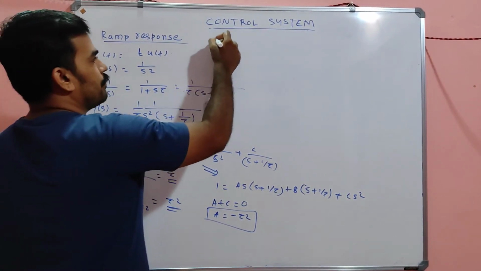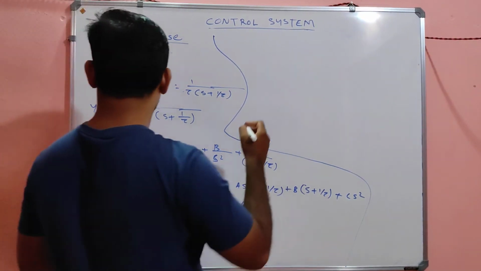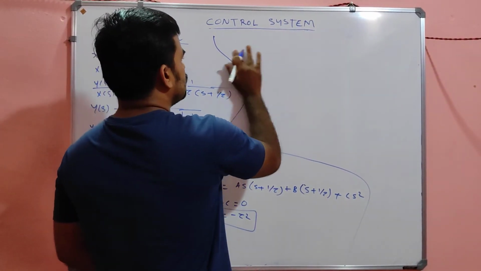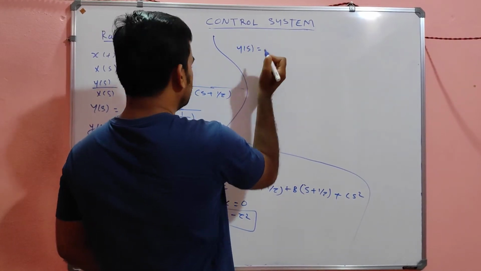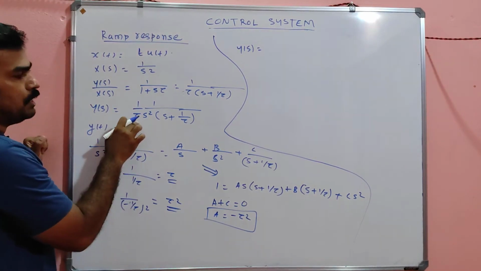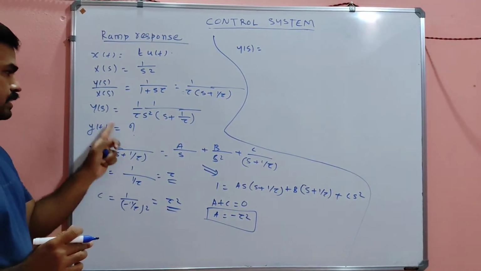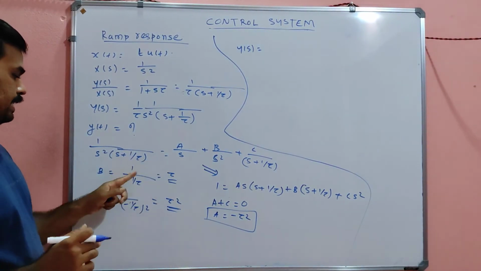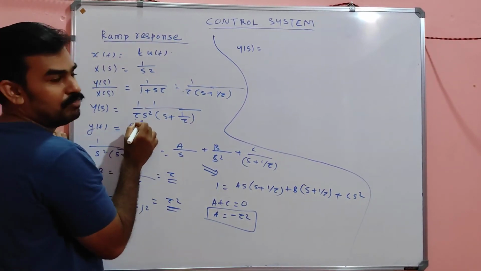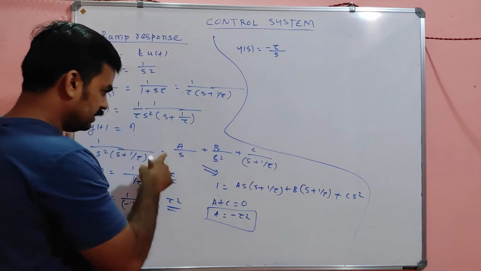So substitute these. What do I get, my dear? Y of s equal to what? A by s, with the 1 by tau outside, that you don't forget. So our Y of s will become, A is minus tau square, divided by tau becomes minus tau, minus tau by s.